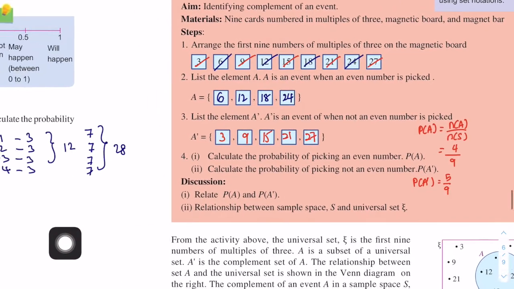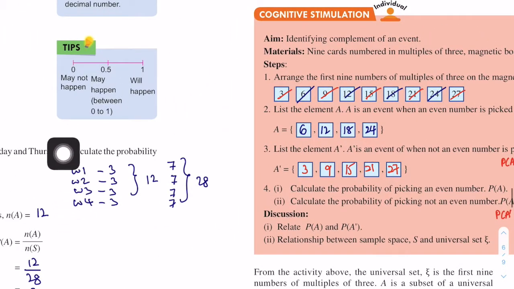Look at these tips. The value of probability is between 0 and 1. There are no values of probability that are less than 0 or more than 1. Never. The value of probability is always between 0 and 1, where 0 means it may not happen and 1 means it will happen.